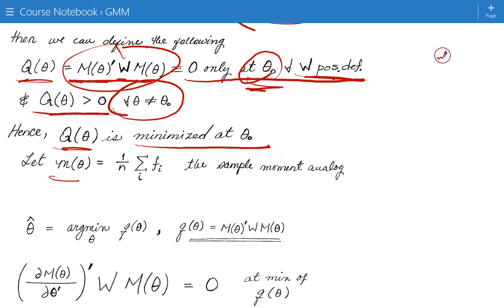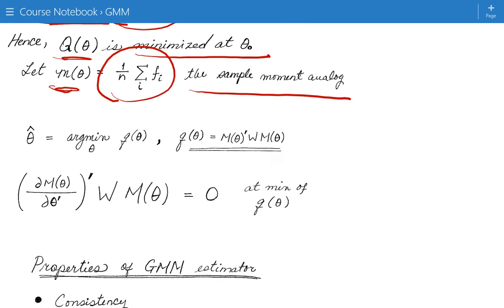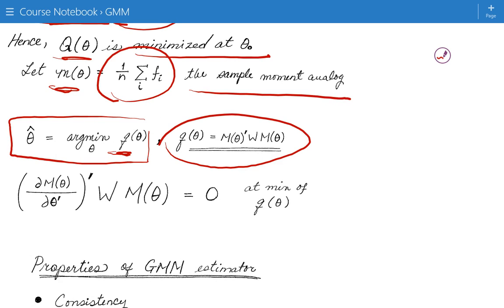Now, if we let little m be the sample moment analog to it, then we can say that theta hat is our generalized method of moments estimator, and it is that value that minimizes the sample moments. So again, our little q is our sample moments, the quadratic in the sample moments.